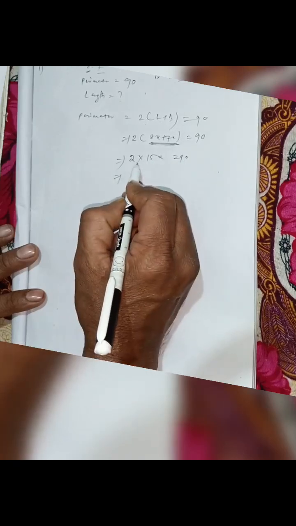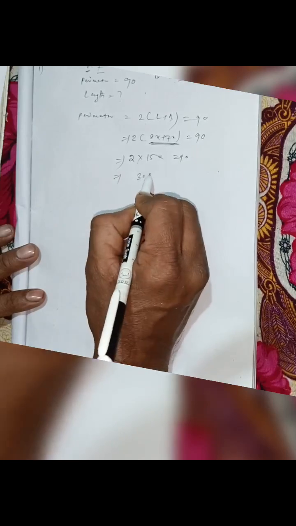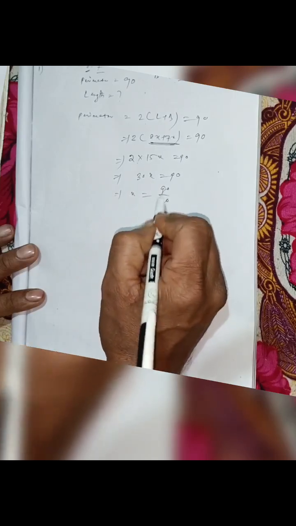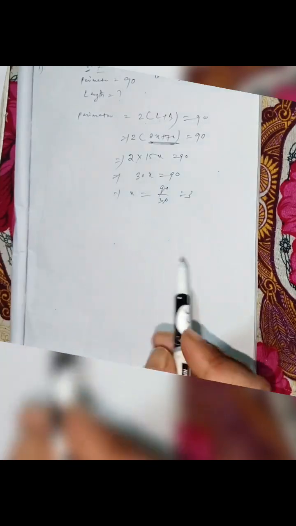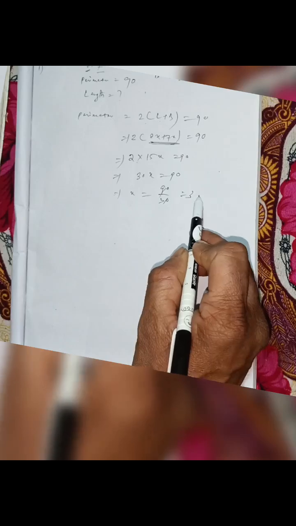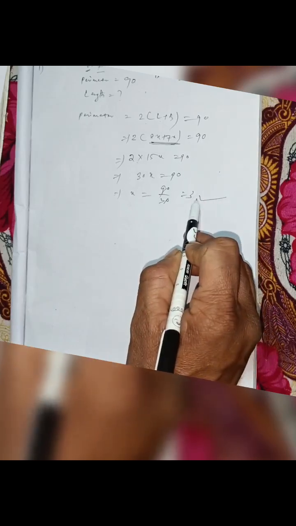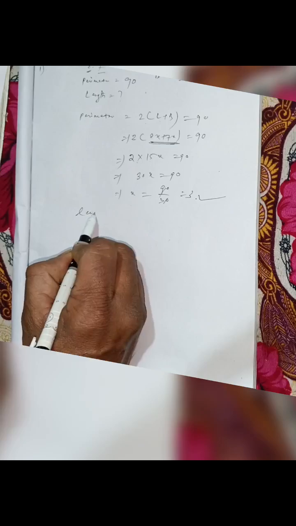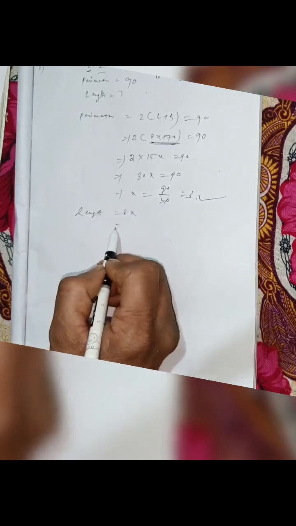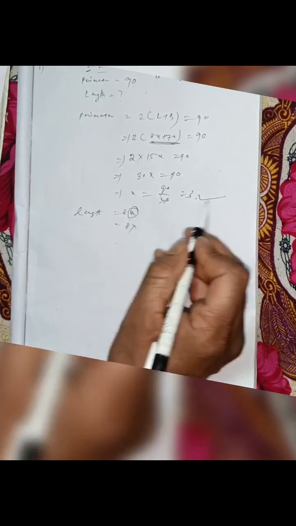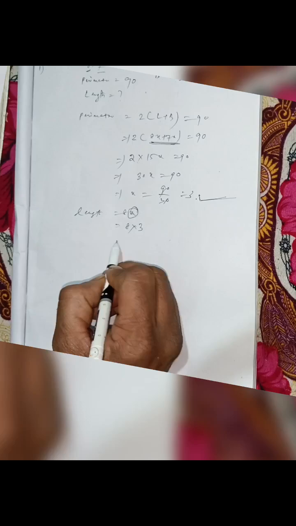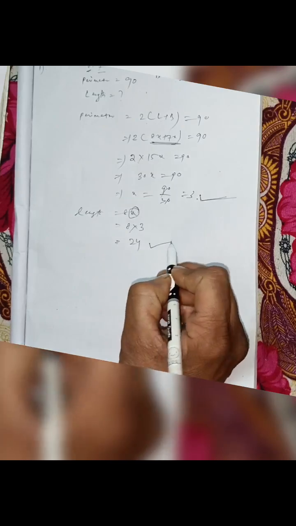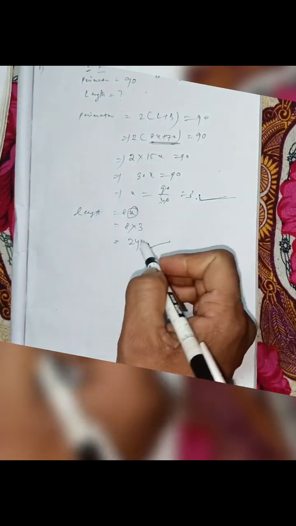So x equals 90 by 30, that equals 3. Since x is calculated as 3, length is 8x, so 8 into 3 is equal to 24. Here your length is calculated as 24.